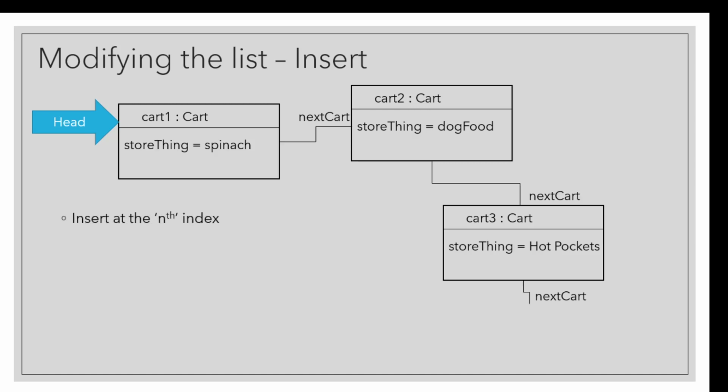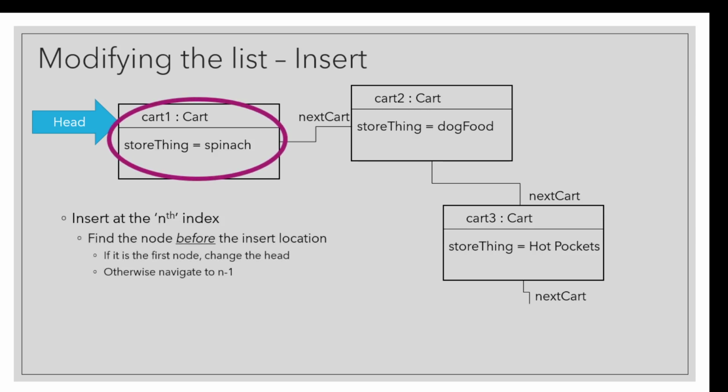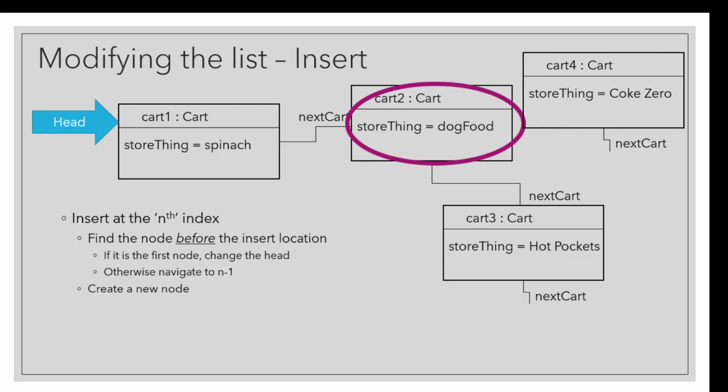If I want to insert an item at the nth position, let's say I want to insert at item number 2. When I'm doing insert, I find the node before the location. So I find the first node. And once I find it, I say, okay, well, the n minus 1 node, its next is going to be equal to a new node.